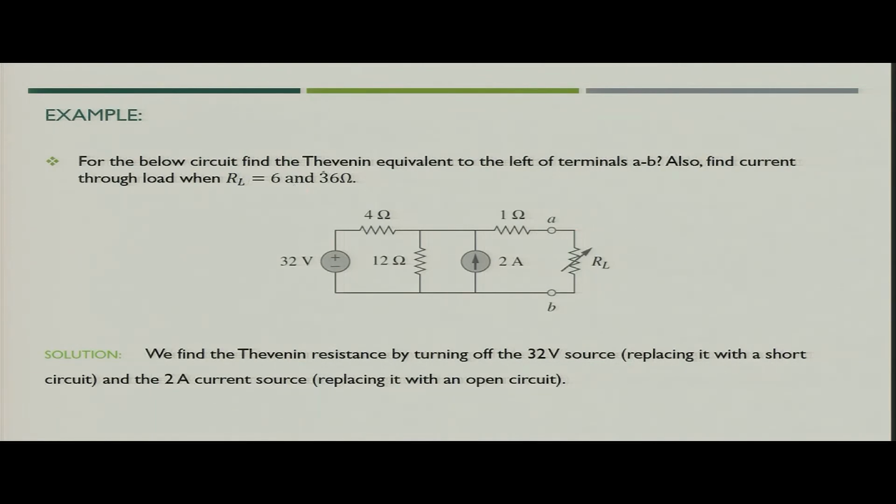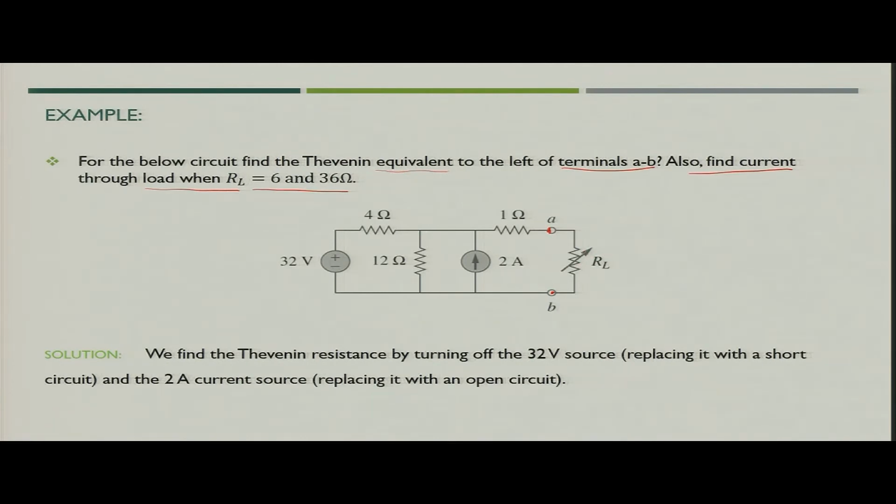Now, let us understand this particular aspect with the help of one example. You see there is a circuit given in this figure. We need to find the Thevenin equivalent to the left of terminal AB. These are the terminals AB, and we have to find the current through the load when RL is equal to either 6 ohm or 36 ohm.